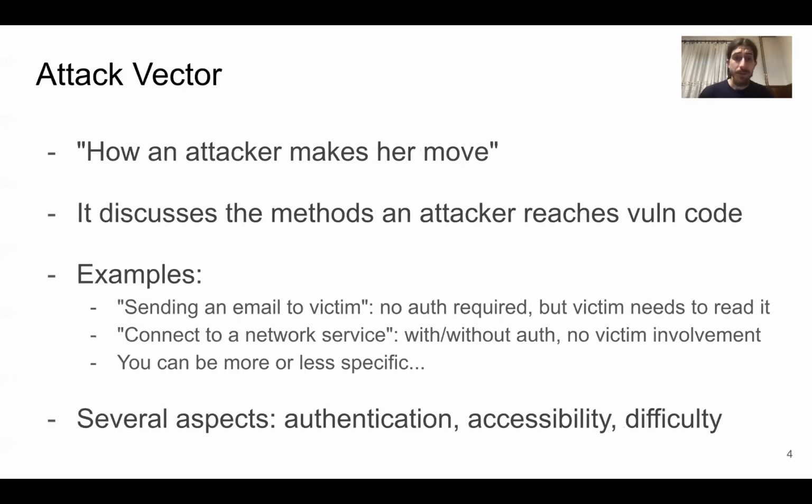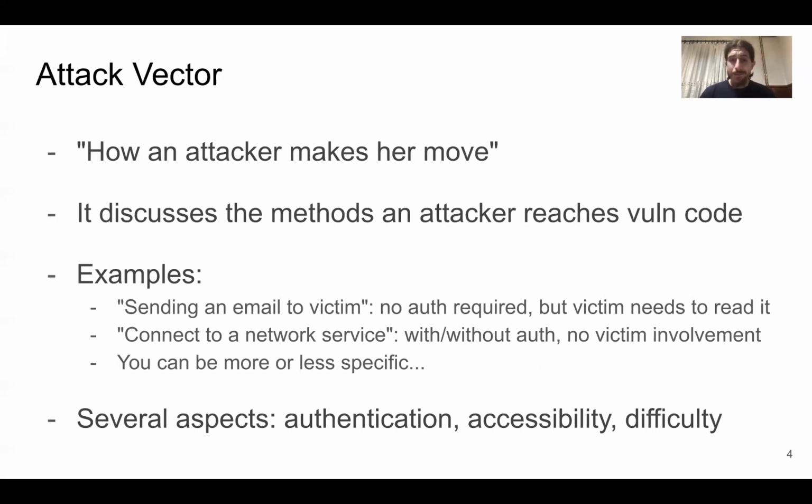All right, so we discussed the attack vector. We can see the attack vector as how an attacker makes a move. It covers the methods an attacker uses to reach the vulnerable code. For example, sending an email to the victim.